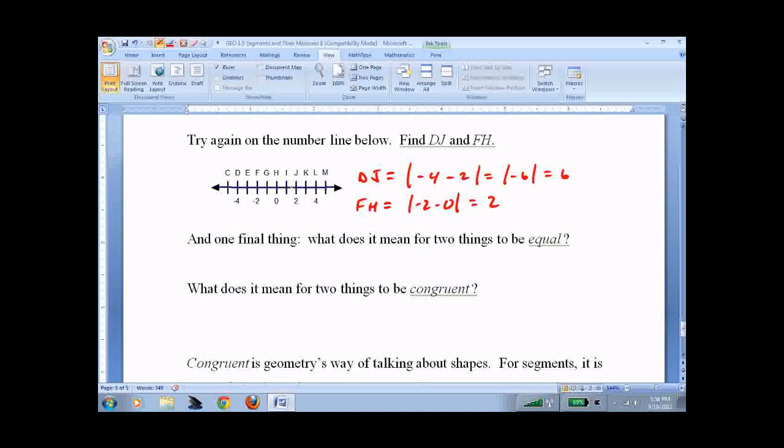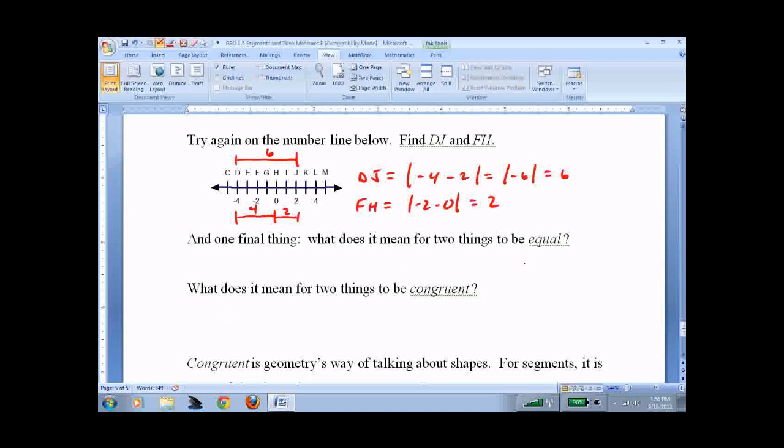So if we wanted to find a distance from, we already know from D to J is 6. And let's just say we knew the distance from here to here is 2. How do we find the distance from D to H? Subtract 6 minus 2 is 4. Take some practice, you'll get used to it.